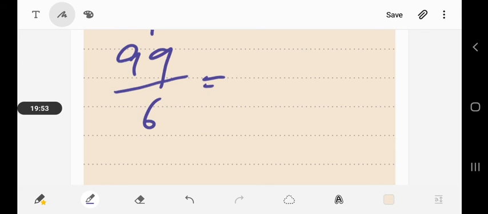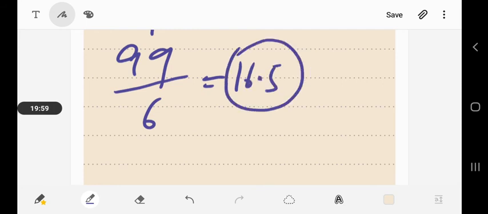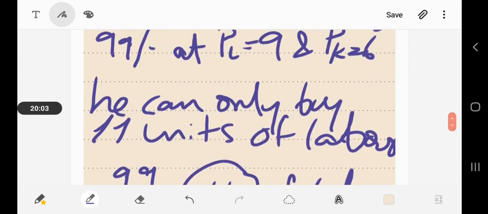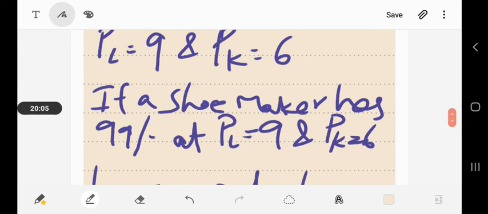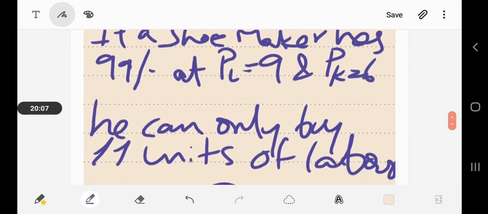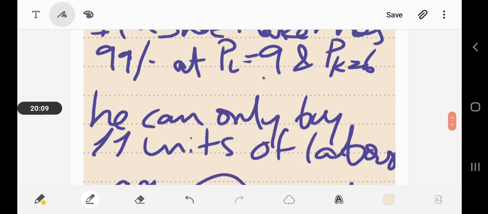So if 99 is divided by 6, you have 16.5.